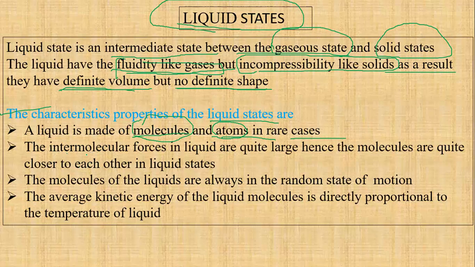Okay, so intermolecular force in the liquid are quite large, and hence the molecule are quite closer to each other in the liquid state. They have more intermolecular forces. That intermolecular forces like van der Waals forces, hydrogen bonding. Okay, such different forces exist between the molecule of liquid, and hence that molecule are held closely together with each other.